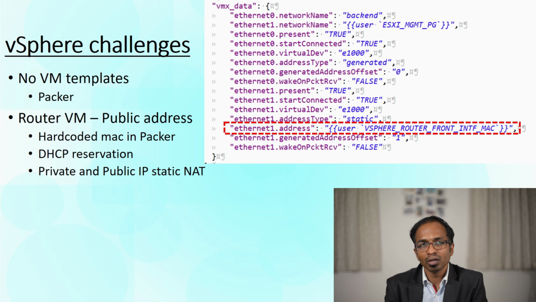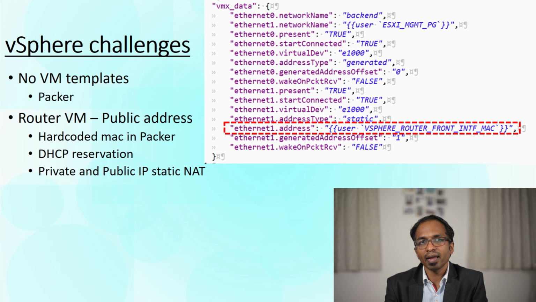Using Packer, I hard coded a predefined MAC address in the router virtual machine. My DHCP server has a private IP reservation for this particular MAC address, so my DHCP server always gives the same IP for the router.